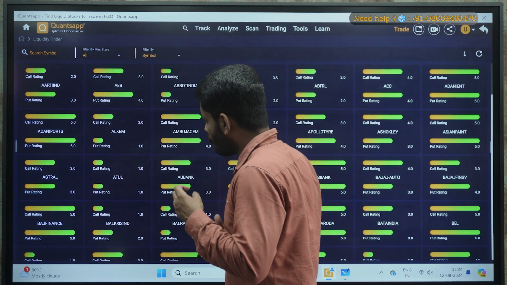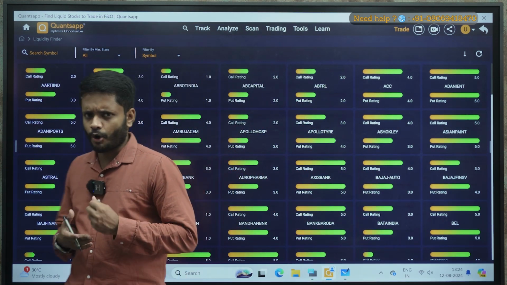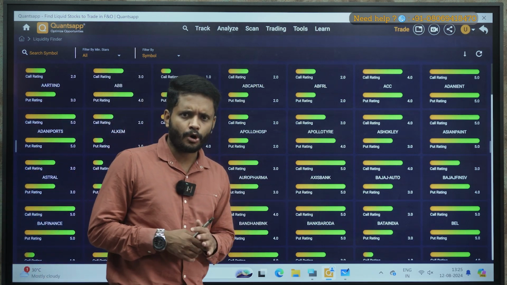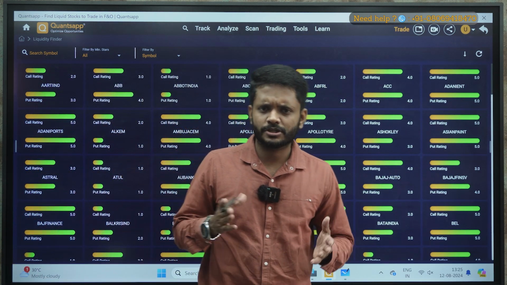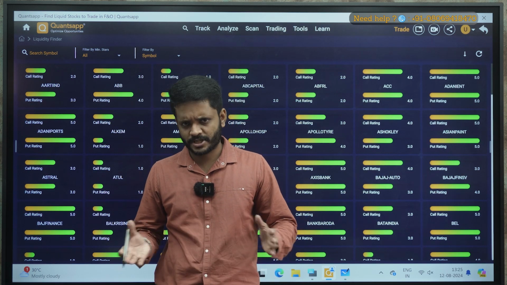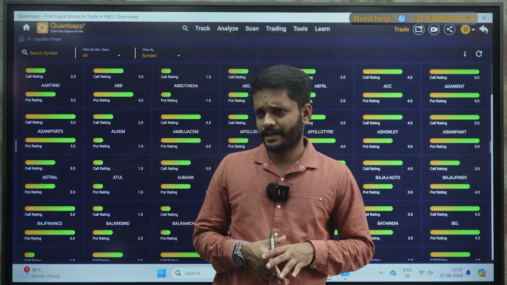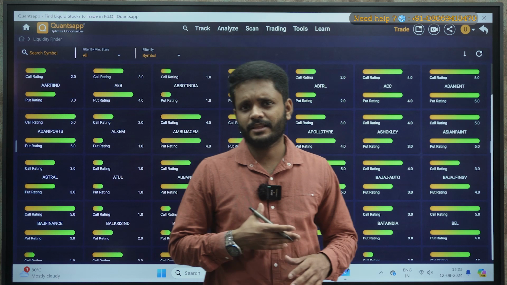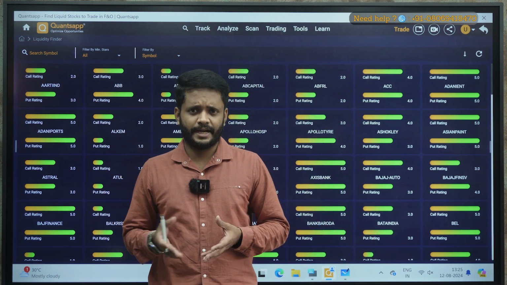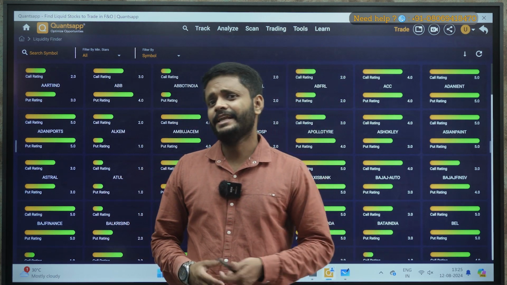Because most of the time, if you are trading based on the order book, you can trade in futures, or else you can trade in options as well. But if you are an option trader, there are certain stocks wherein the call and put side, both are quite illiquid.